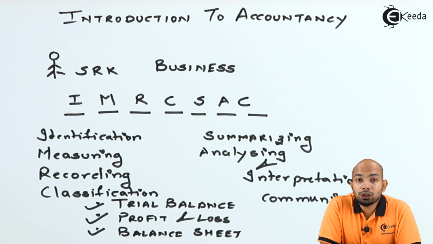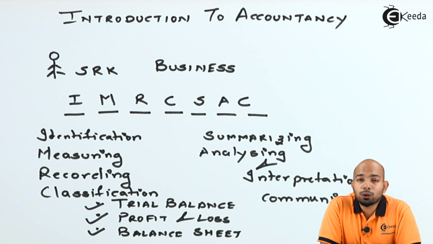Now we have the classification of internal and external users as well. Who are internal users? Internal users may be a vice president, the managing director, the board of directors, any person who is related to the company and who is managing the company. They might be using this data for their management policies. The external users are the shareholders, investors, creditors, lenders, anyone who has shown interest in the growth of the company, and they require certain data to analyze whether their money is being invested in the right company or not.